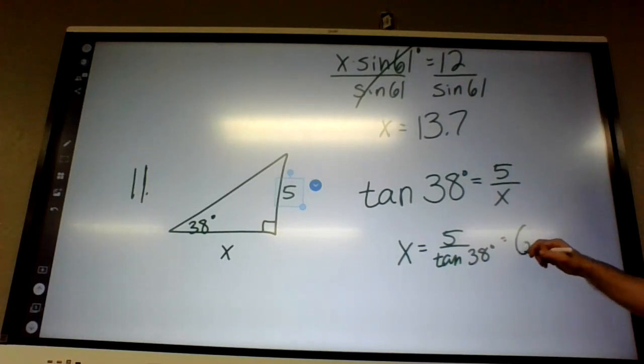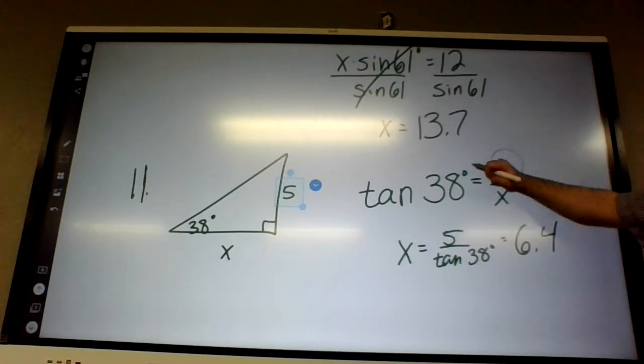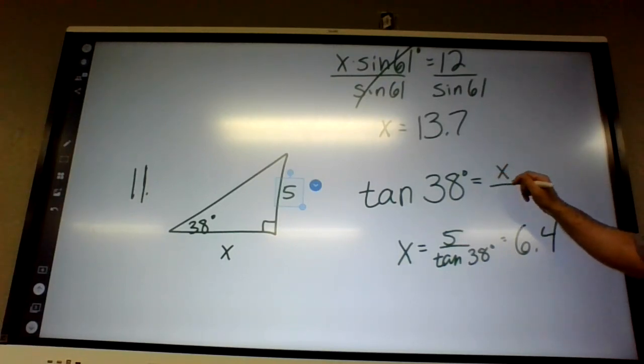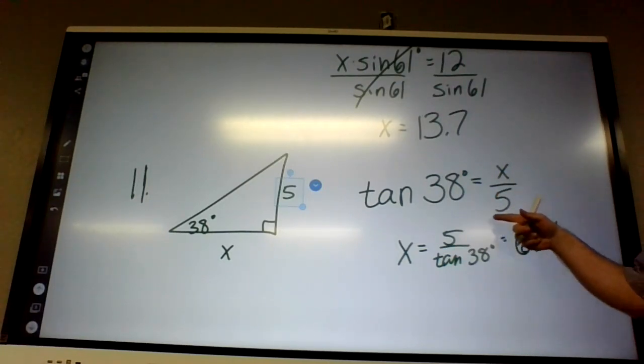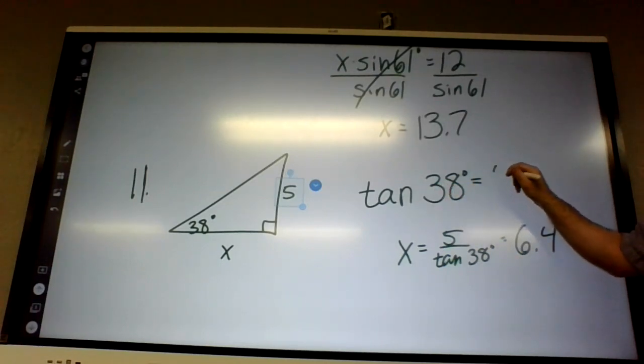What if x is on top? Okay, let's pretend x had been on top. What would we do to solve this for x? Multiply by 5. So it's just 5 times tangent of 38.